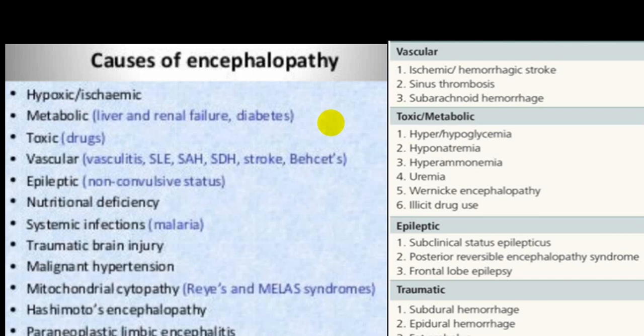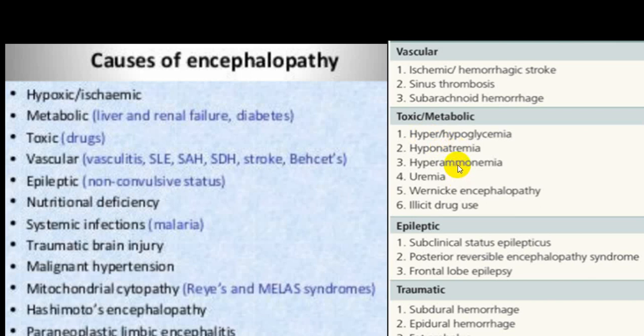You can divide into vascular, toxic, epileptic, traumatic, etc. So this can be divided into vascular etiology, toxic or metabolic, which will include hypoglycemia, hyperglycemia, electrolyte imbalance like hyponatremia, hypernatremia.